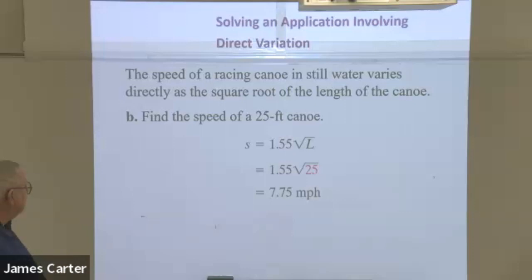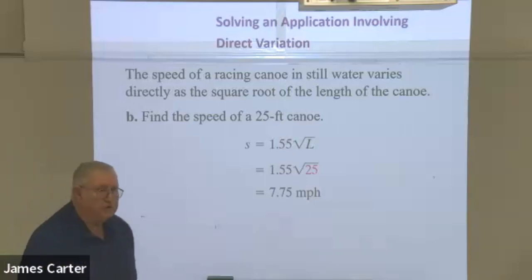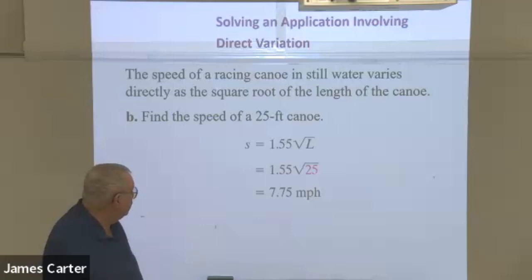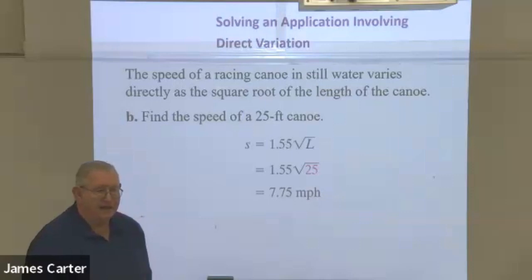By the way, this is an exact value. So that speed would be about 7.75. In other words, changing from 16 to 25 would increase your speed by about 1.5 miles an hour, approximately.